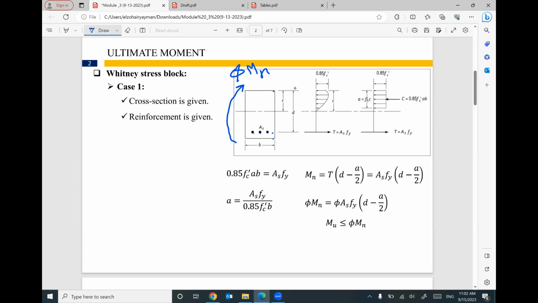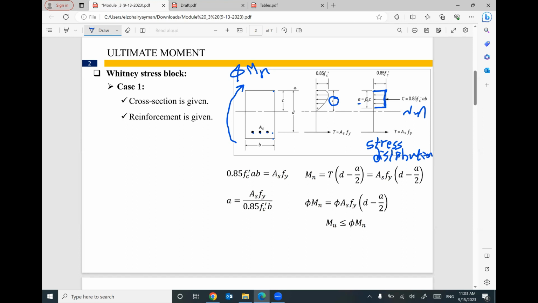Keep in mind, we have a stress distribution. In this stress distribution, we have a neutral axis at a depth equal to c, but we have an equivalent stress block with a depth a.